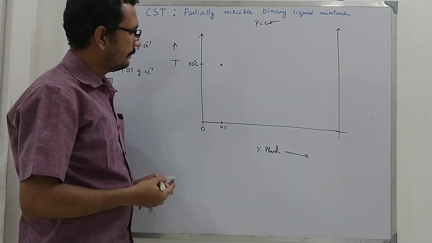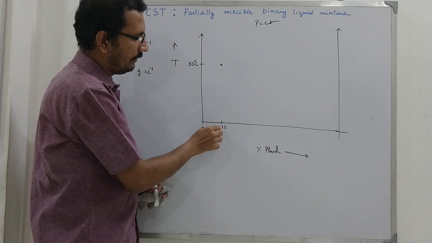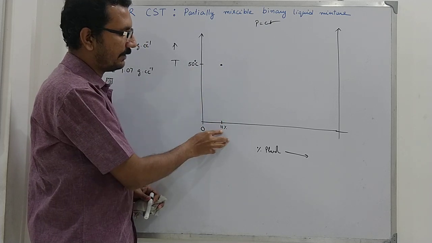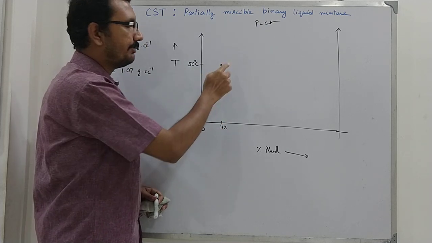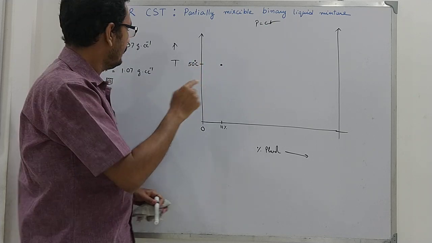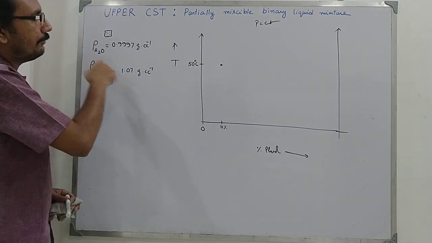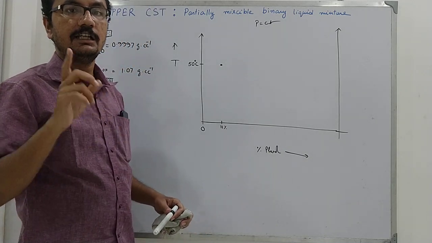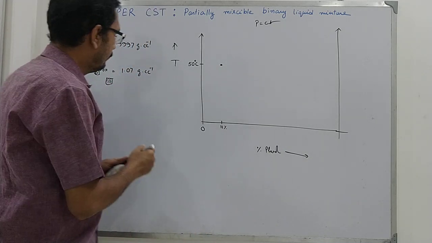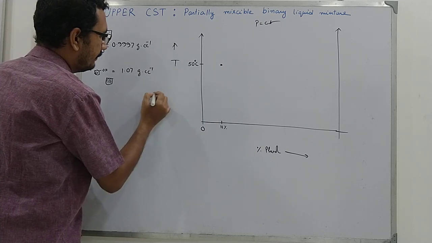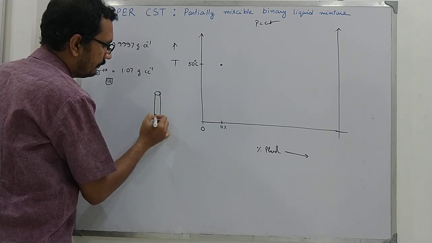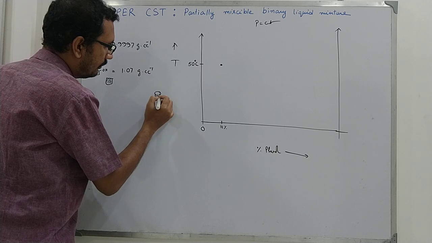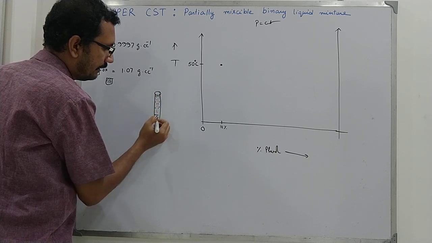Now what will happen when we increase the temperature from 50 degree centigrade for 11%? For the phenol water system, with increase in temperature, solubility increases. So at 11%, if we increase the temperature, here it is water and here it is phenol.